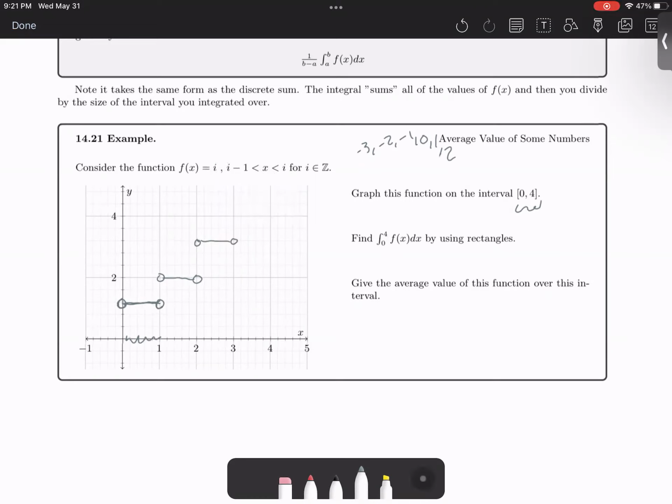But let's double check. Between 3 and 4, so when i is equal to 4, 4 minus 1 is less than x is less than 4. So between 3 and 4, you're a 4. All right, that's the graph of the function, at least over the interval that we care about.